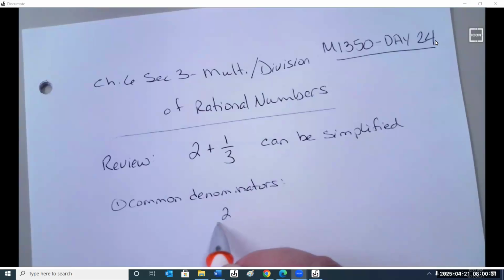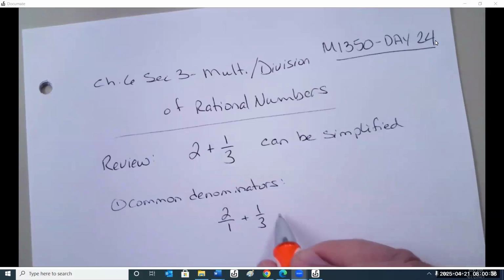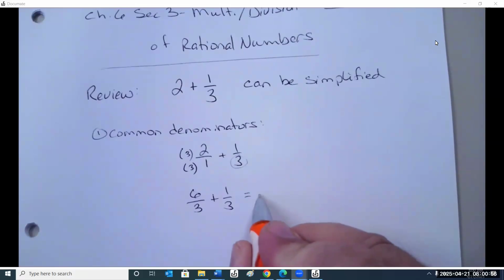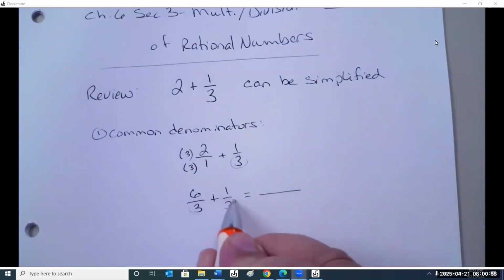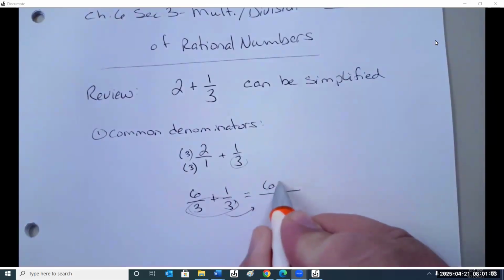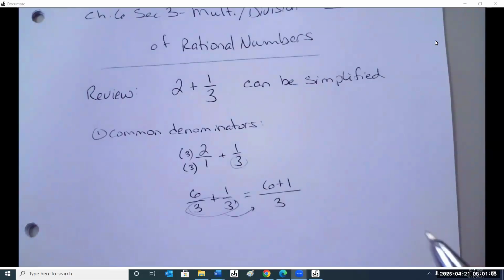So we have 2/1, which is the same thing as 6/3, plus 1/3. Now we can combine them since we have a common denominator. We have 6 plus 1.